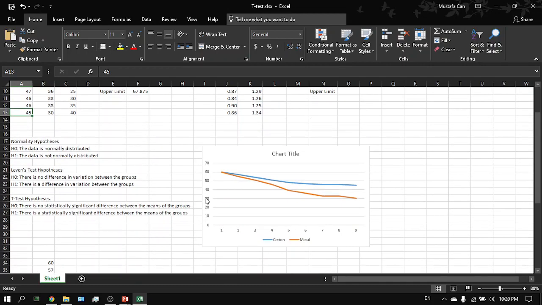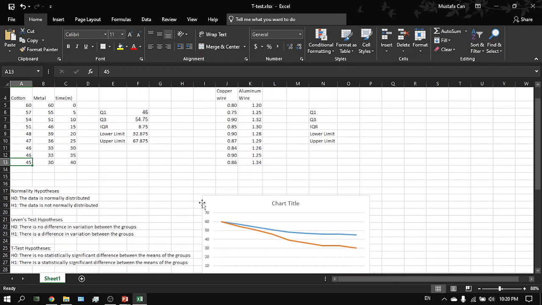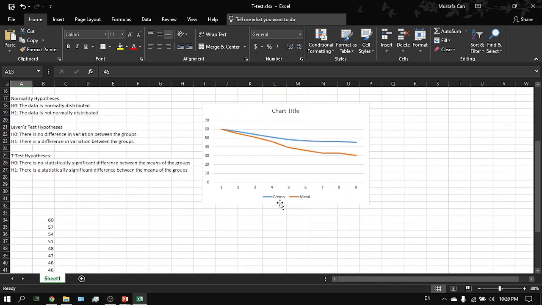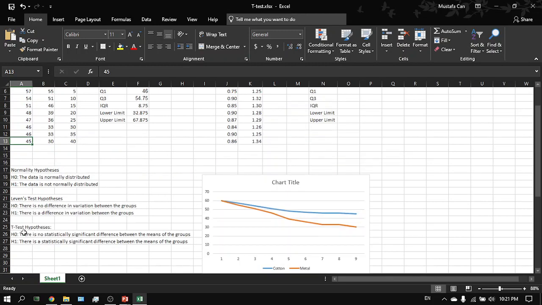You need a graph. So I see my graph, bam. Let's see, cotton had a lower rate of cooling, metal had a high rate of cooling. So metal is significantly worse at preserving heat than cotton, I can say. I can make this comment by looking at this graph and showing my hypothesis here.